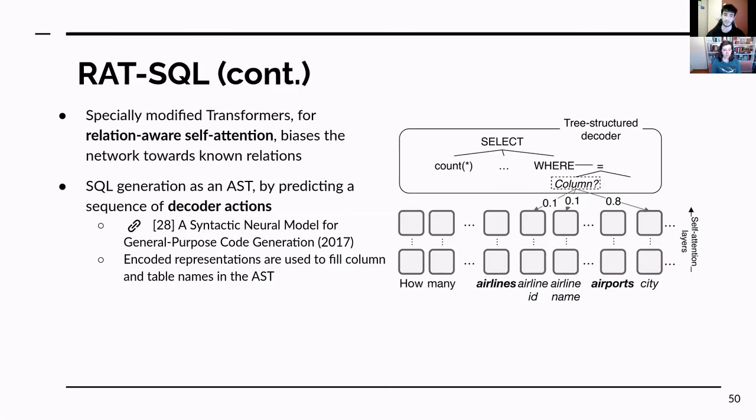And having this processed representation, RAT-SQL generates SQL as an abstract syntax tree. So it essentially predicts a sequence of decoder actions that, when applied, will construct an abstract syntax tree, following the exact same method that we saw earlier with IRNet.